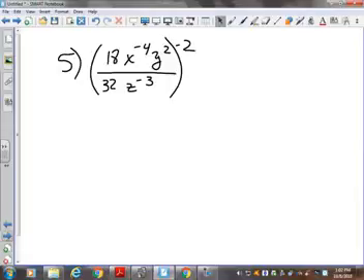Okay, so what's inside of my power problem is, it looks like a really large fraction.